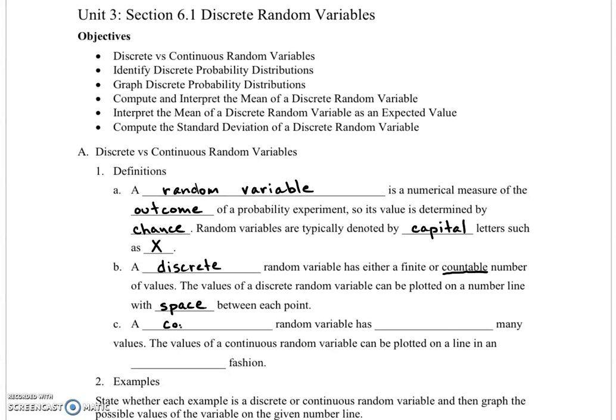On the other hand, a continuous random variable has infinitely many values. And the values of a continuous random variable can be plotted on a number line in an uninterrupted fashion.